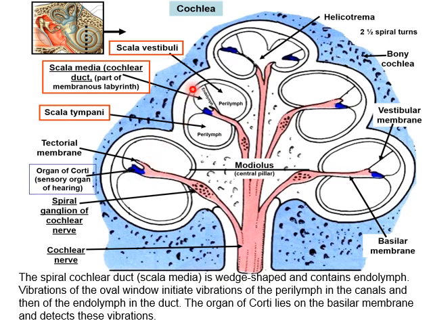Again, the cochlear duct is also called scala media. As you see here, it is like a wedge-shaped structure. It contains the endolymph.